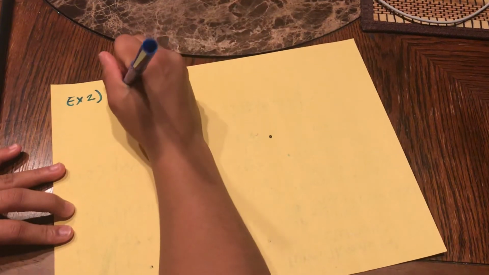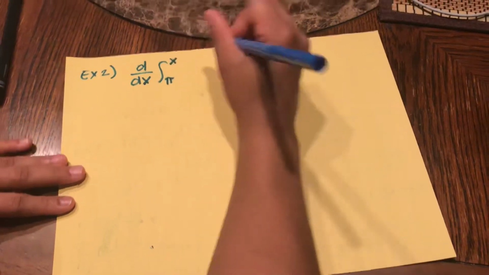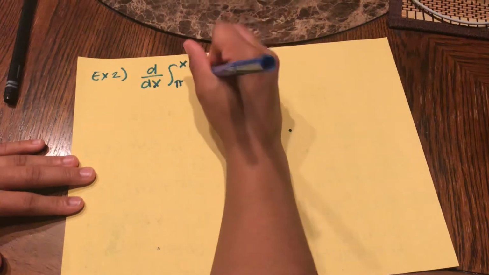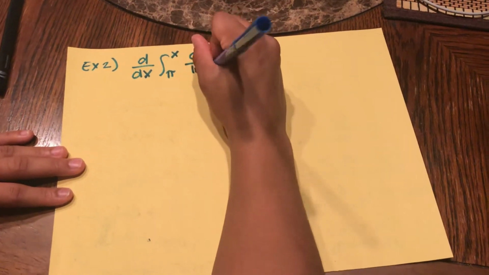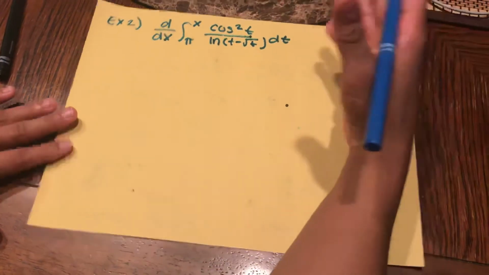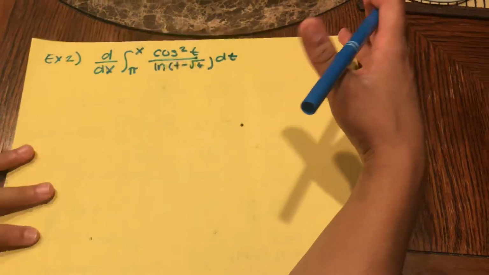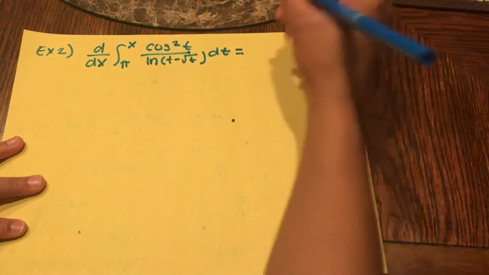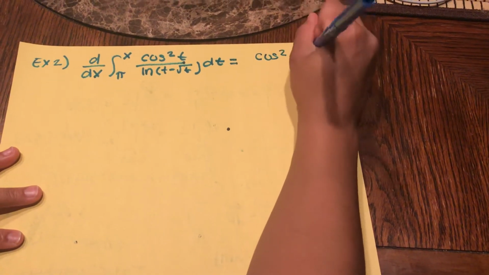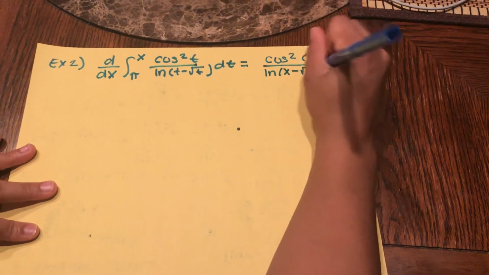We have d over dx of the integral from pi to x of cosine squared t over the natural log of t minus the square root of t dt. And from the beginning, we just changed the t term function to an x term function. So plugging in all the x's for t, this would equal cosine squared x over ln x minus the square root of x.